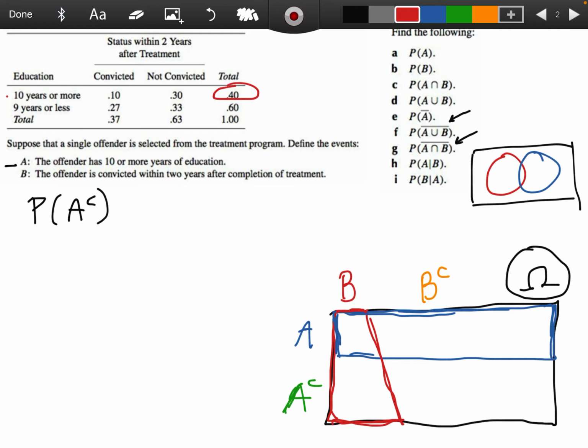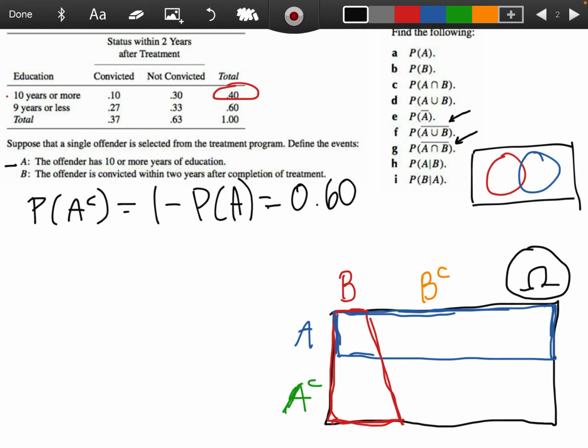And so for the probability of the complement, we have, I think it was the first theorem, theorem 1, that tells us you could take 1 minus the probability of the event itself, and we would get 60% or 0.60.